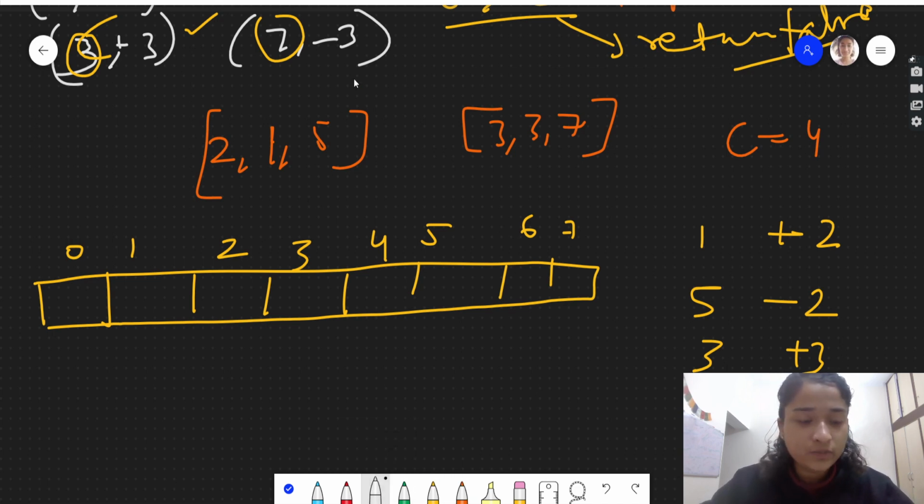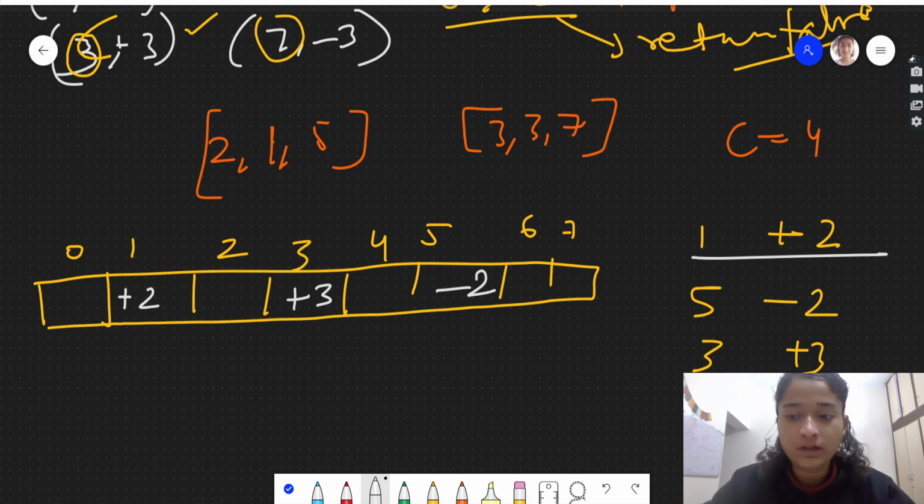At each point, when we are here at 1 kilometer, we'll add 2 passengers. At 5 kilometer we'll drop them, so just add minus 2 over here. Then at 3 kilometer we are adding 3 passengers, so add 3. And then at 7 we are dropping 3 passengers, so just write minus 3 over here.